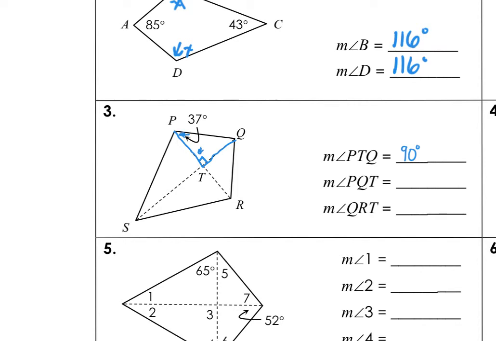So PQT has got to be 53 degrees. And QRT should also be 37 degrees. Keep in mind, this is an isosceles triangle, since the consecutive sides are congruent. So if this angle is 37, this is also 37, since the base angles of an isosceles triangle are congruent.